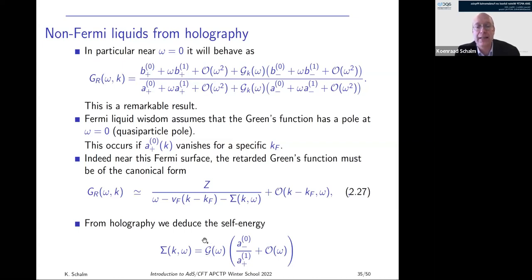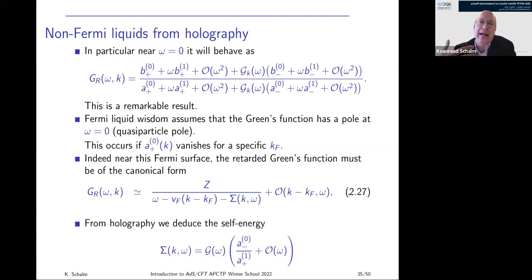And what you see is that if this pole happens here, the pole happens at omega is 0, so the Green's function vanishes there. That means that this self-energy is precisely this remaining term. And if you do it correctly, you have to divide out this a plus 1. This AdS2 Green's function therefore plays the role of the self-energy of a fermionic excitation in this holographic strange metal state.